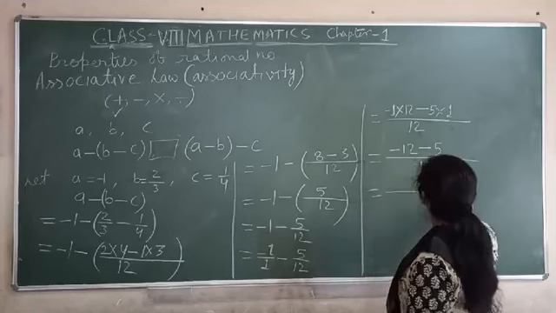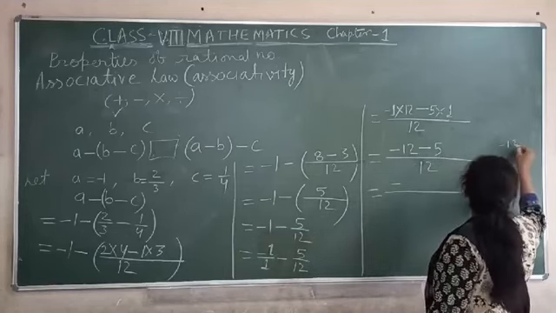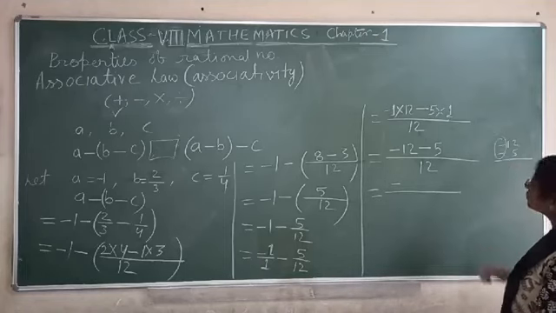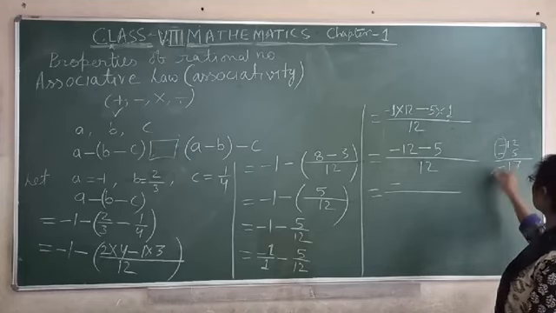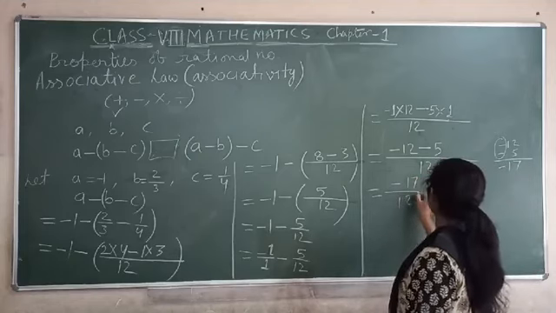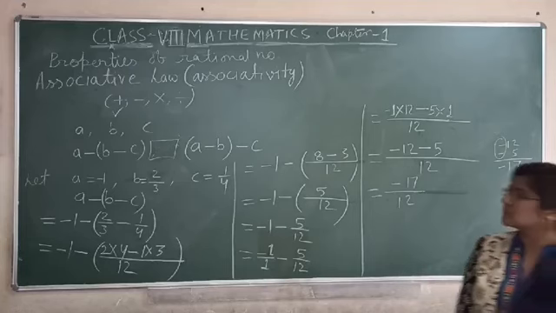Both are negative, so we can add them, same sign added. 12 and 5 make 17, and the sign is minus. So you get minus 17 upon 12.